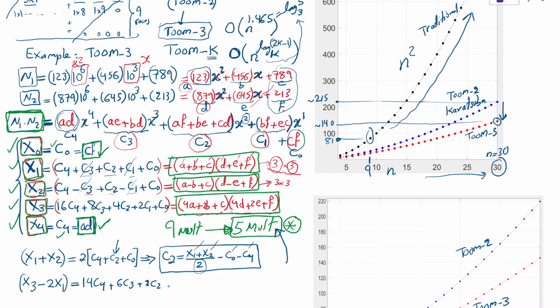The 2C1 and negative 2C1 cancel out, and then I end up with negative C0. So the message here is, again, we have the value of x3 minus 2x1 computed and available. We have the value of C0 available, C4 available, C2 available, which I just computed, and the only unknown is C3.